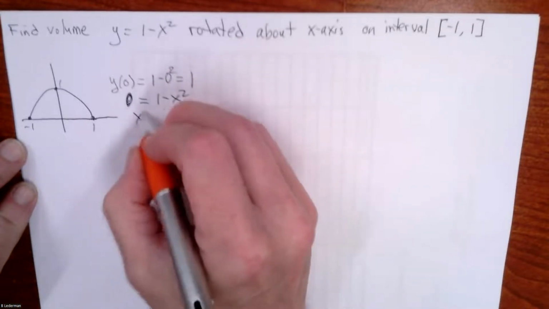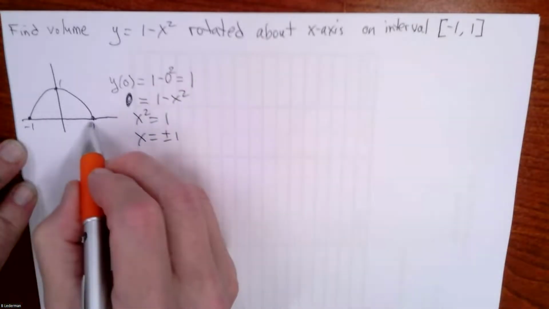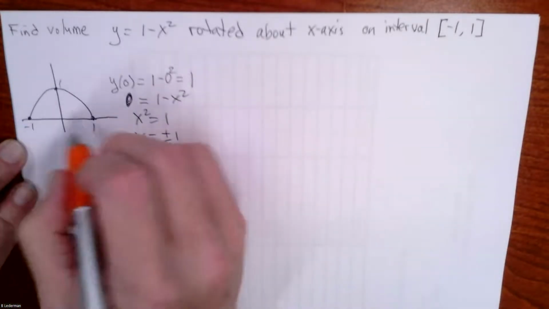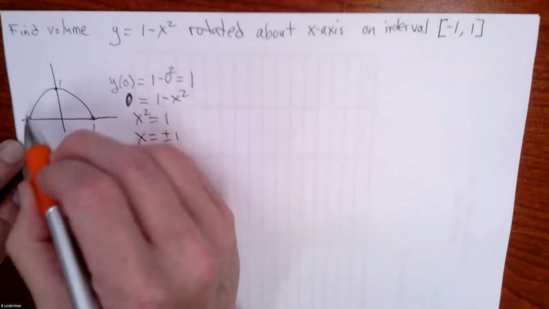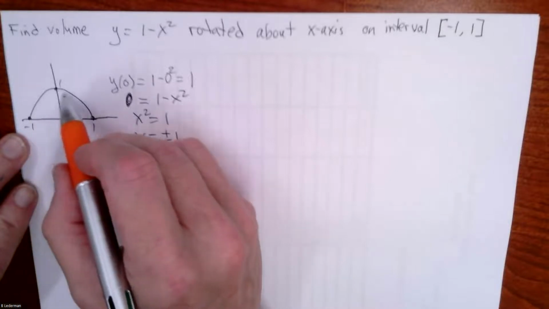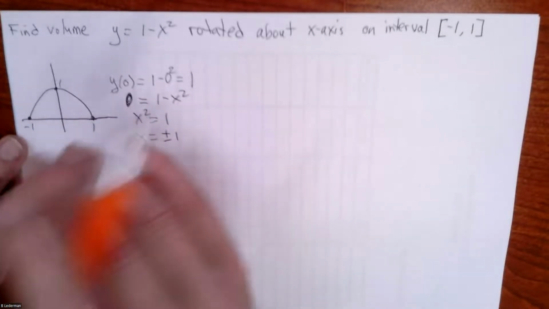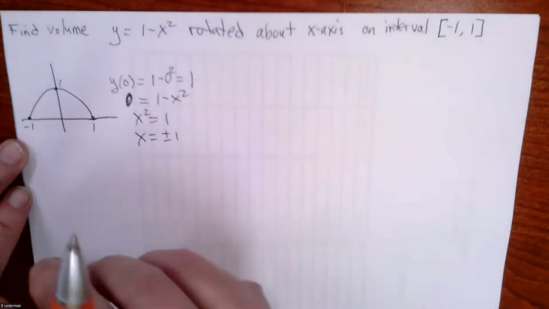So this gives me x squared equals 1, x equals plus or minus 1. So I have +1 and -1, and this is my region. It's a little mound over there. My drawing looks a little bit like a semicircle, but it's not a semicircle. It's a parabola. So it's similar. It's curvy like a circle, but it's not the exact same shape.